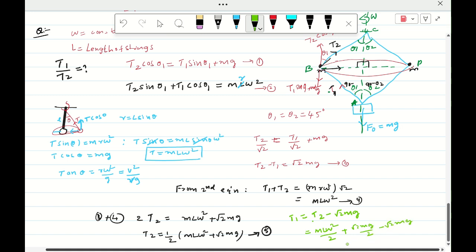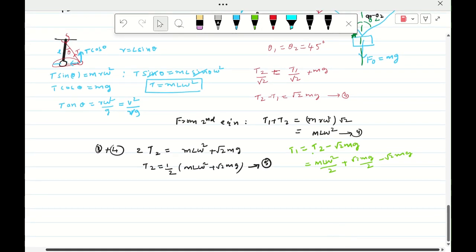This is equal to m L omega square by 2 minus root 2 mg by 2. If you take m by 2 common, then T1 is m by 2 into L omega square minus root 2 g. So this is T1. Now they will ask for F naught.